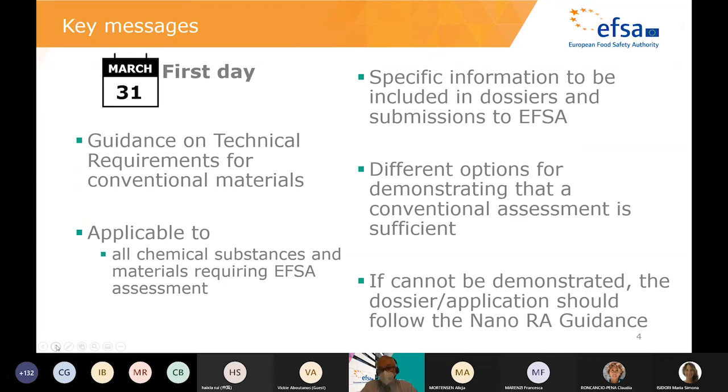And as science evolves, the applicants, the interested parties, may need to invest a little bit to be able to demonstrate that even with the new information, your materials and your products are safe. And one of the elements is that this new information may be relatively simple.